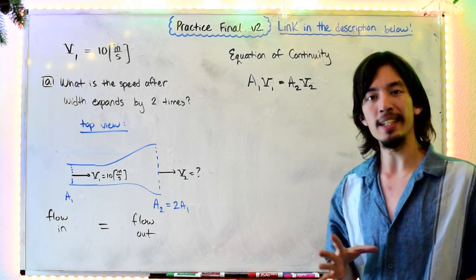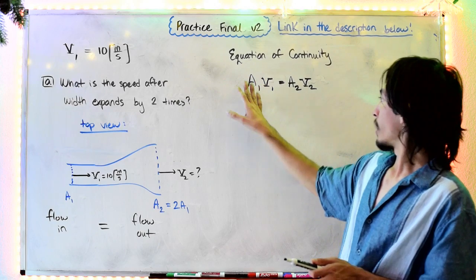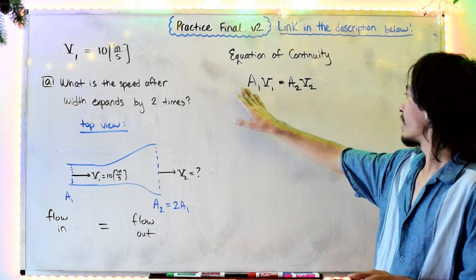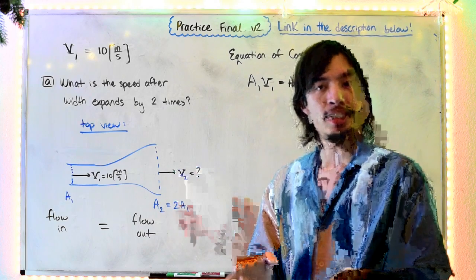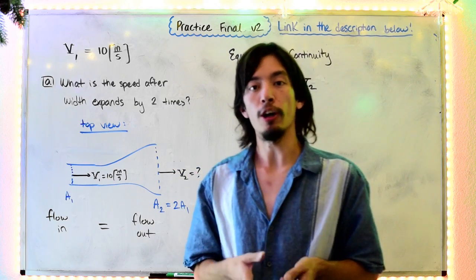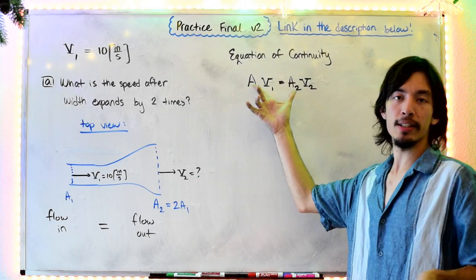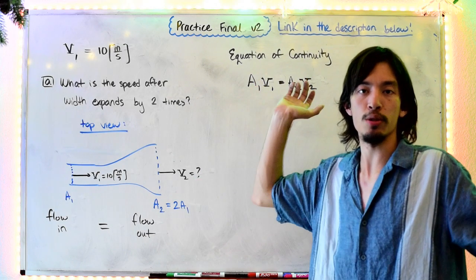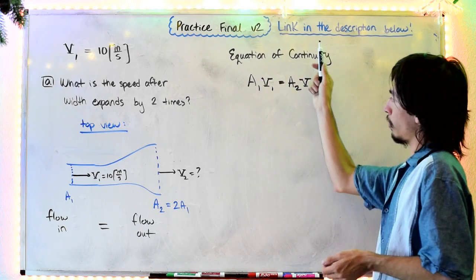If you really wanted to be technical here, you would also write the density in this equation. But the reason why the density doesn't appear is because it's water. The liquid is largely incompressible. We regard it as incompressible so that the density stays constant and it just cancels out. So we don't even worry about the density. But flow in equals flow out.